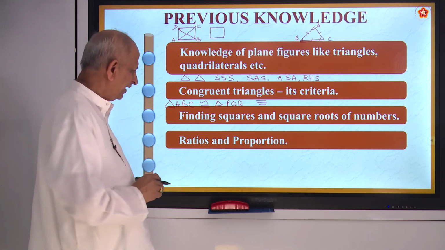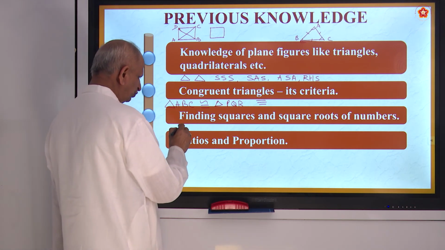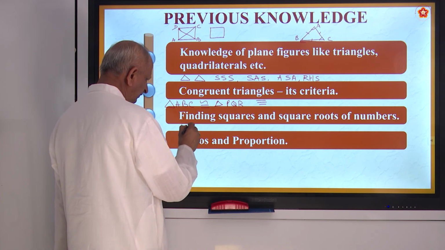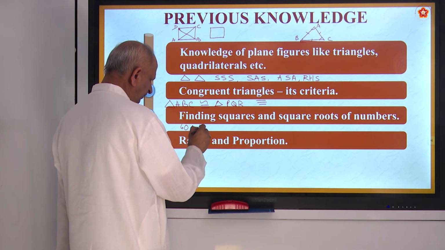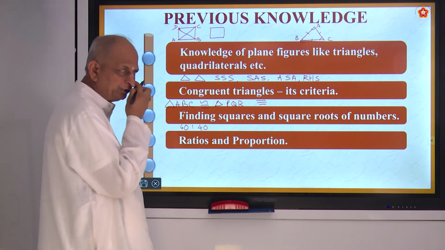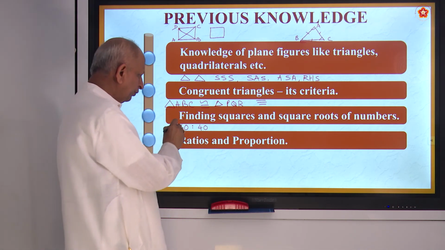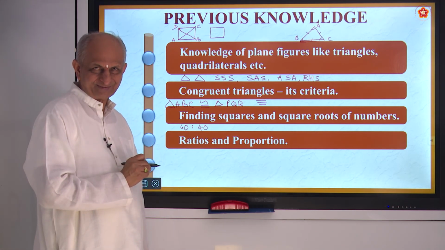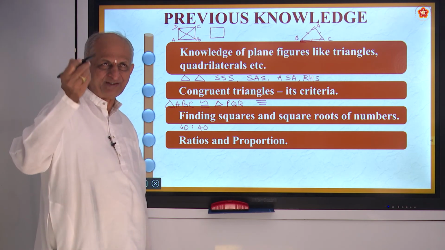Is it not? And we use a symbol called 'is to'. Suppose the weight of one boy is 60 kgs, another boy is 40 kgs. The ratio is 60:40. Here both in kg, you must take kgs. If you are taking height, then centimeters or meters.